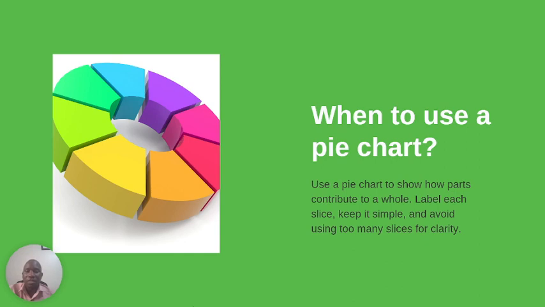It will be able to tell us that this percentage is actually undertaking this particular kind of activity and things like that. So if you want to show how much a particular portion contributes to the whole, then you can basically use a pie chart.